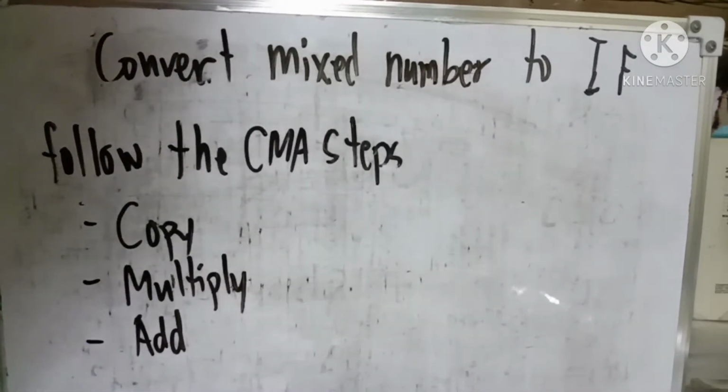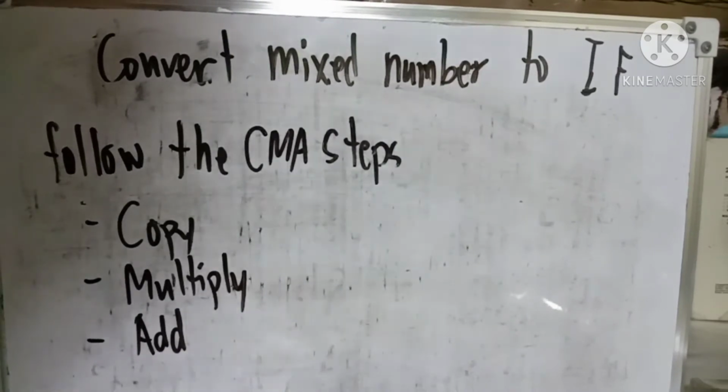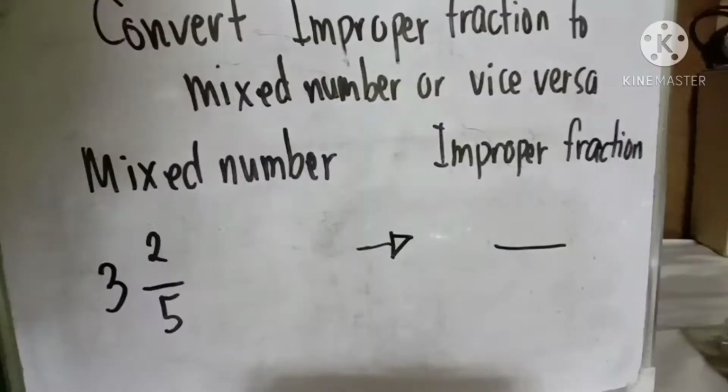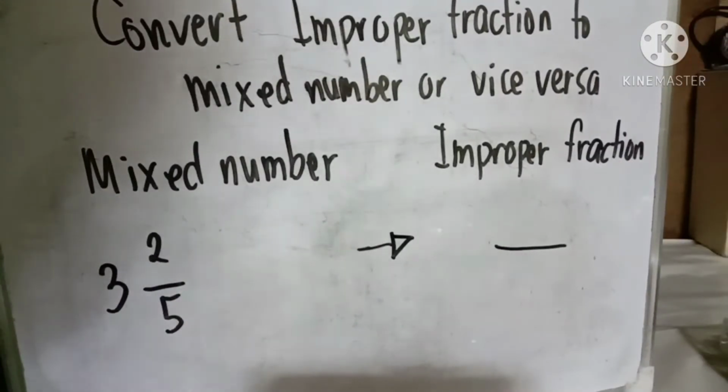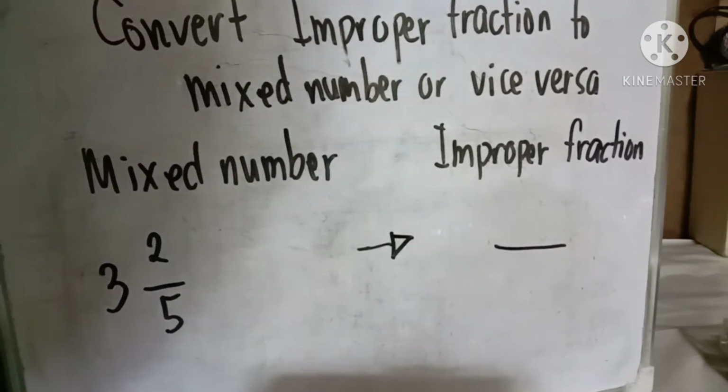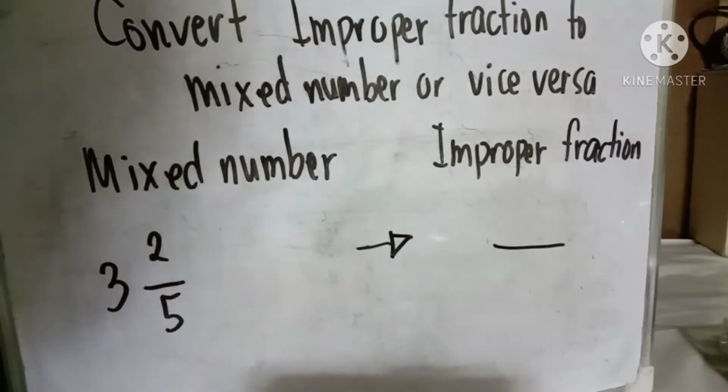Okay children, how about converting mixed number to improper fraction? Follow the same step, CMA step: copy, multiply, and add. Children, I have here the example of mixed number to improper fraction. We have the mixed number 3 and 2/5. How to convert that to improper fraction?